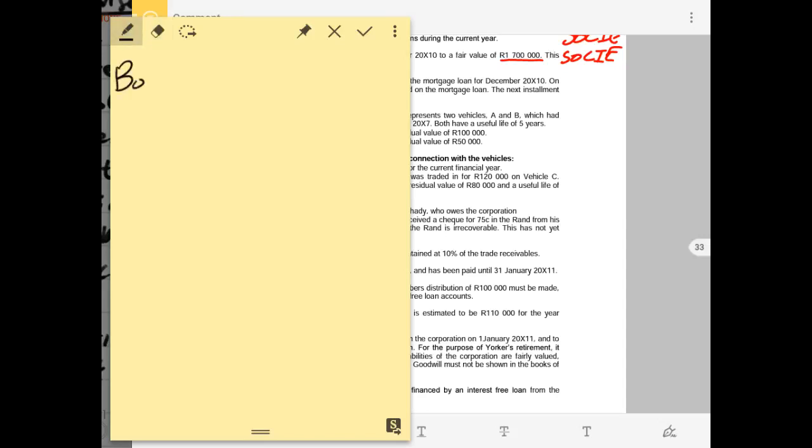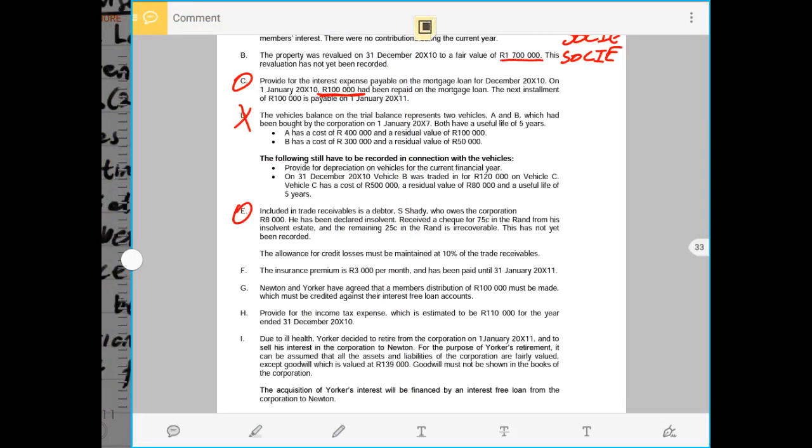So now let us calculate the bad debt section. A bad debt is from the amount the debtor was owing. The debtor owed the business 8,000 and the check was received and the check was 75%. Remember, 75 cents is the same as 75%. And 25% or 25 cents is irrecoverable.